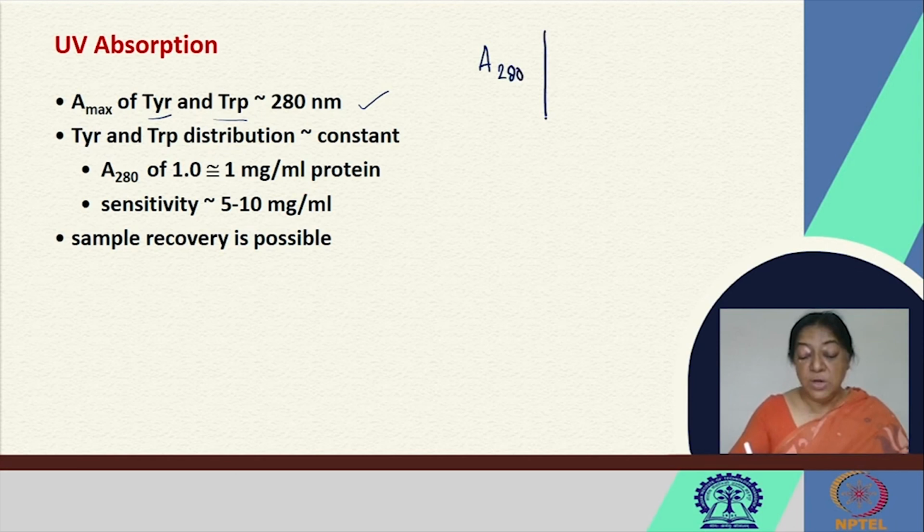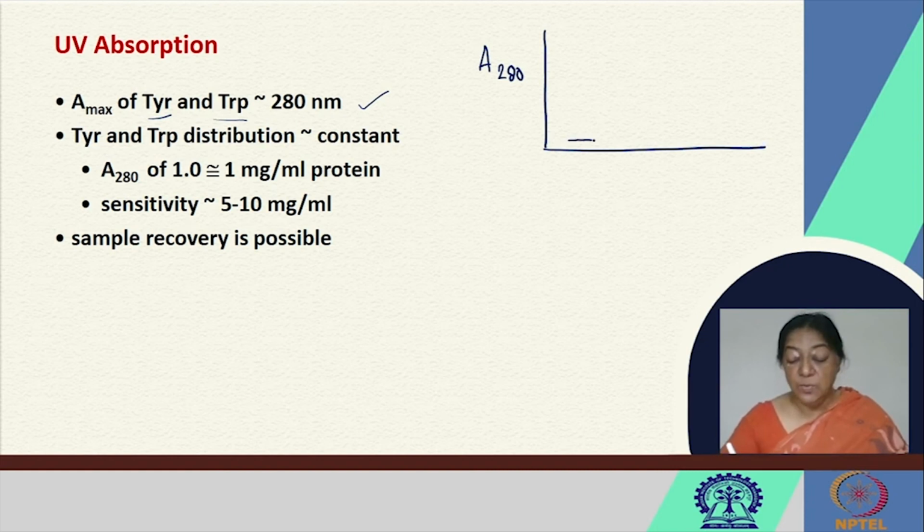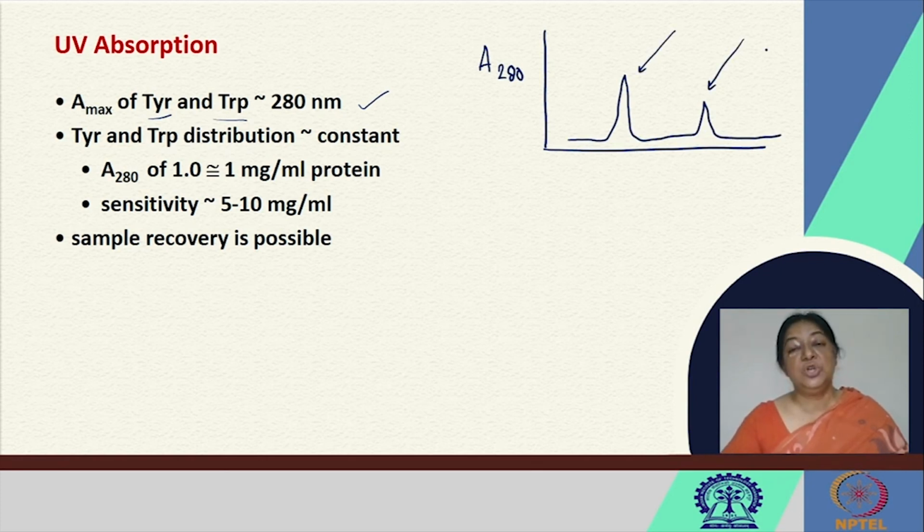If we plot this absorbance at 280 nanometers against our fraction number, and we get separate peaks, say for a gel filtration chromatography, we will know that we have a distinct separation of two proteins, where the larger protein comes out first, followed by the smaller one.